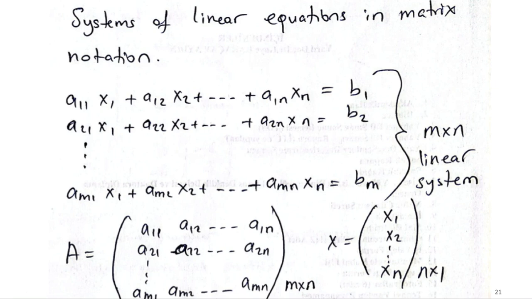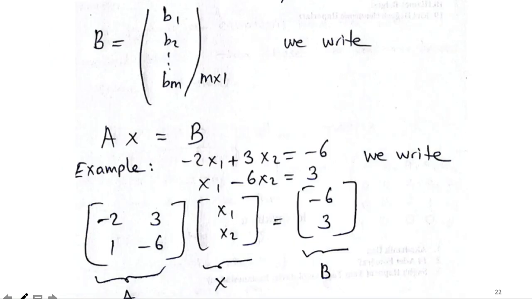So, systems of linear equations in matrix notation. As you see, we can represent this system of equations in matrix notation using our coefficient matrix A, and we have the variables denoted by X. Here's another example. In this example, we have the system. These are our coefficients, x1 minus 6, x2 equals 3.